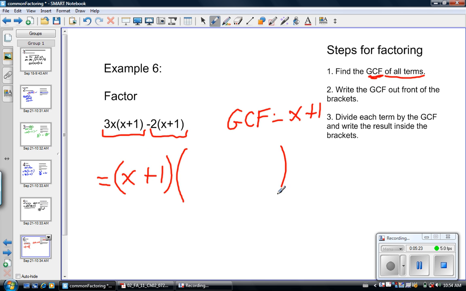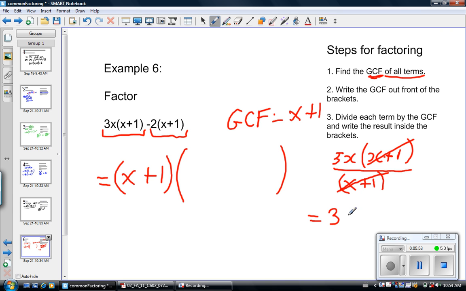Then we'll figure out what goes inside the other brackets. Now remember, there are two terms here, so there should be two terms here. What we're going to do is divide each of these two terms by the greatest common factor to get the result inside the brackets. If I just do the first one, if we had 3x times x plus 1 divided by the greatest common factor, which is x plus 1, the x plus 1 divides with x plus 1 and they divide out to be 1, and we're left with 3x.